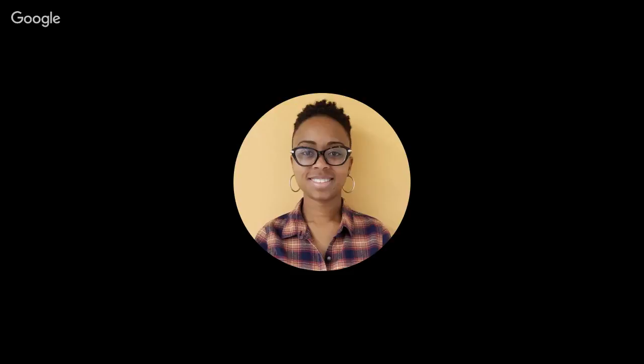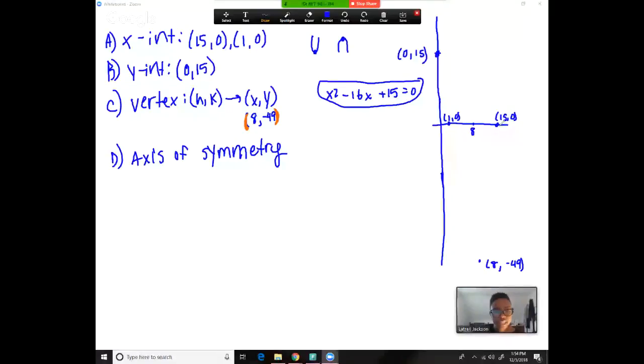Find the axis of symmetry. The axis of symmetry is basically the line that goes through the middle of the parabola.